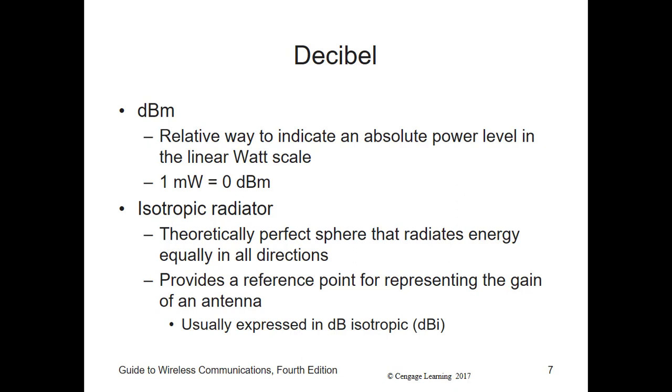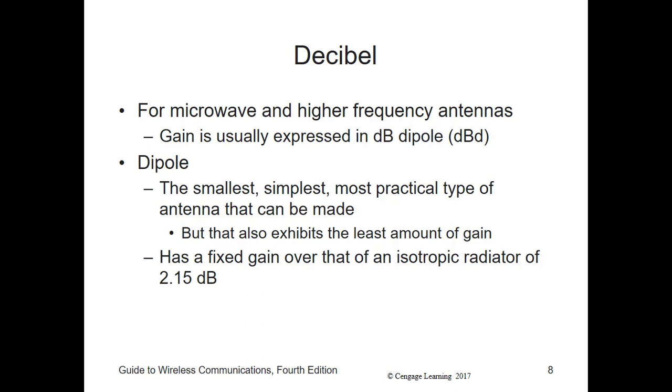A positive 10 dB will increase it by 10-fold. So 10 milliwatts plus 10 dB will make it 100 milliwatts. Or negative 10 dB on 10 milliwatts would be 1 milliwatt.